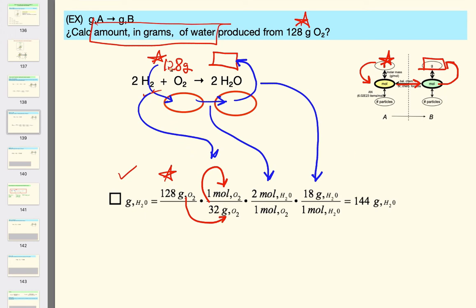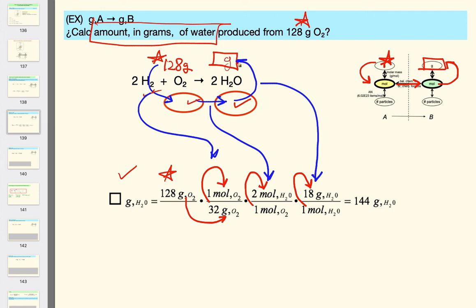I'm going from grams of O2 to moles of O2. Then I'm going to go from moles of O2 to moles of H2O. And then I'm going to go from moles of H2O to grams of H2O.